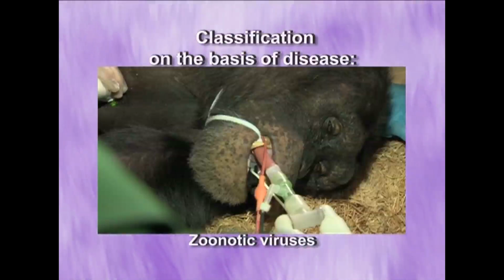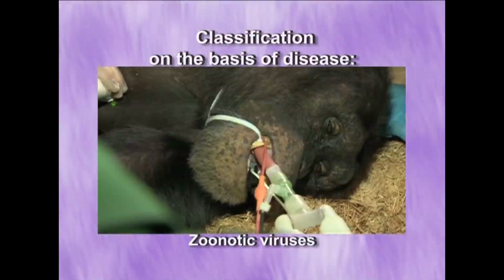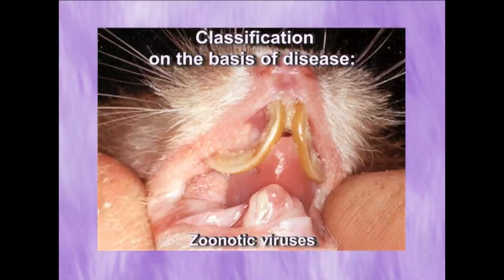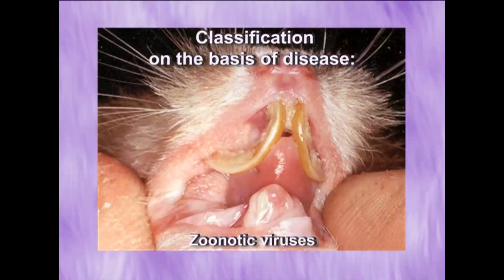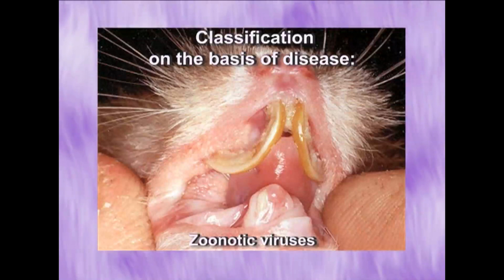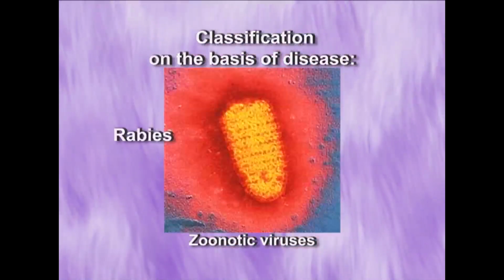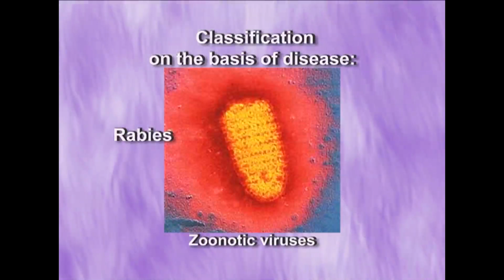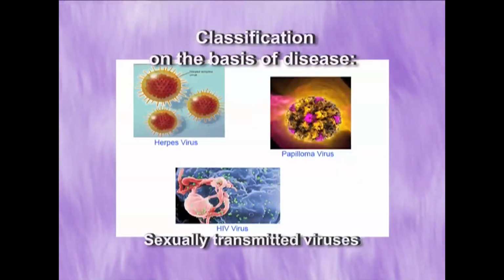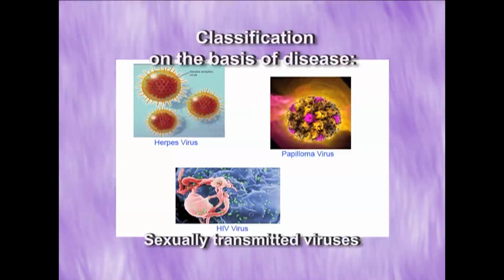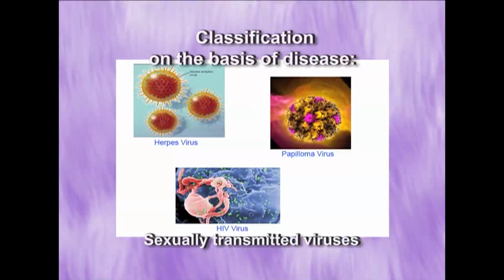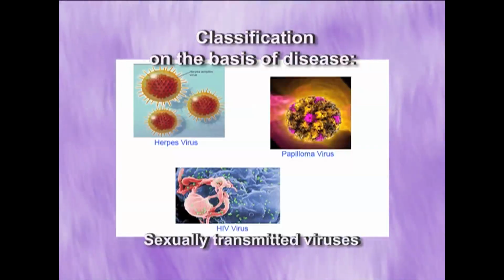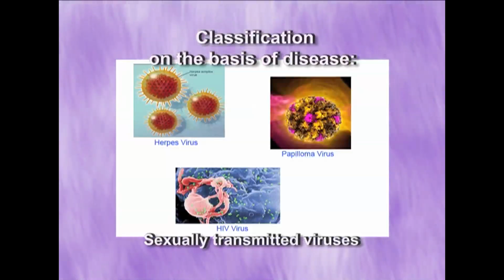This was a typical type of virus which mainly infects other animals, but during the course of replication, sometimes may infect human beings, such as rabies. And the fourth category was sexually transmitted viruses like herpes virus, papilloma virus, and HIV.